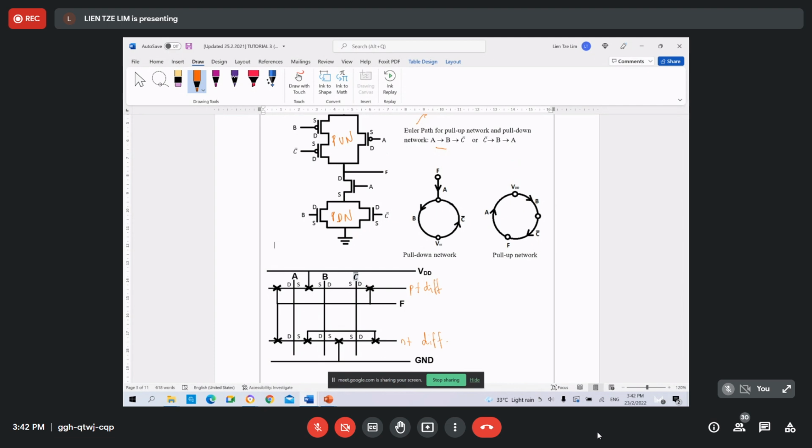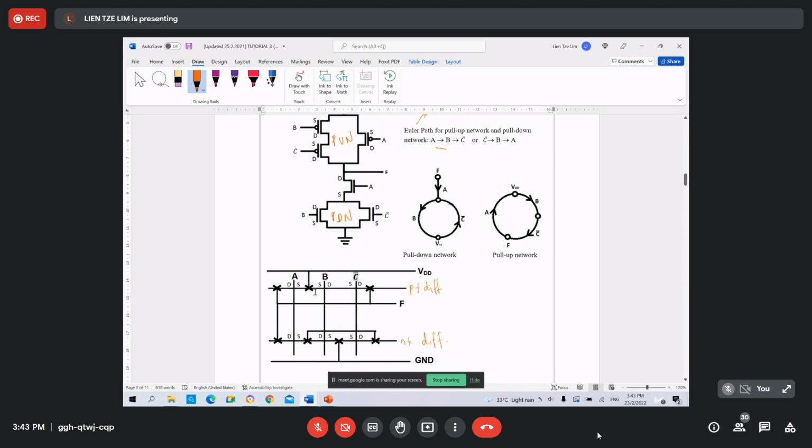If you want to draw the correct connections, you need to label the source and drain terminals. These are the steps that you must follow if you draw the stick diagram in this way. Source and drain terminals must be labeled in the stick diagram so that you can draw the connections to the output, VDD and ground correctly.